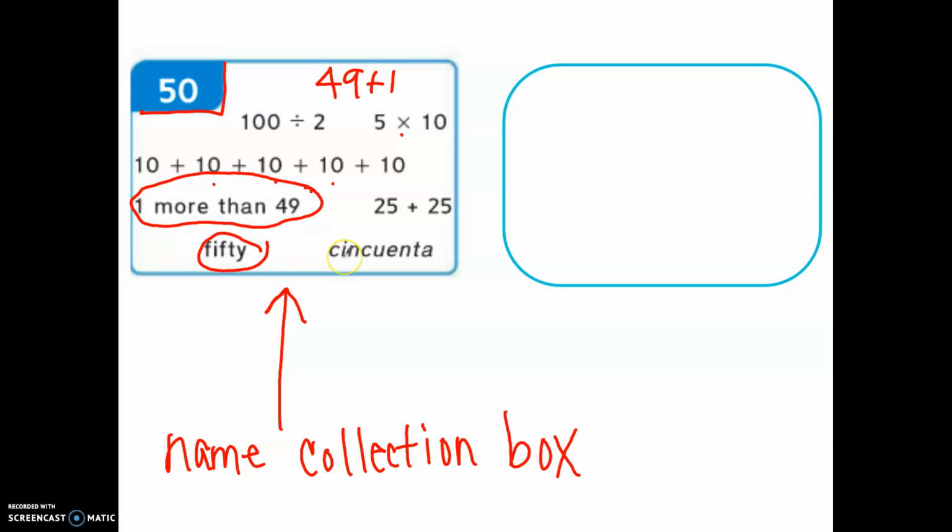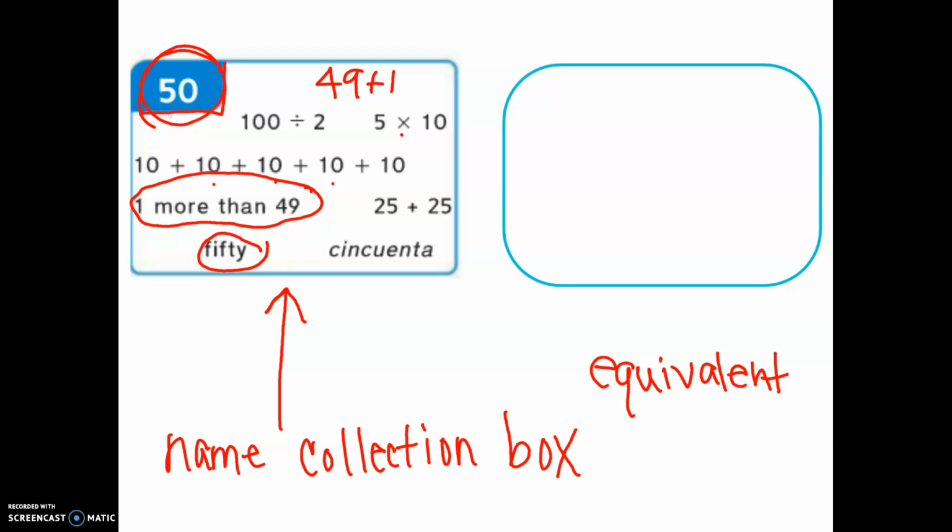And I'm not very good in Spanish, but my guess is that this, cincuenta, maybe, is the Spanish word for 50. So the thing about name collection boxes, we're going to put in problems, words, symbols that are equivalent to the name of the box.